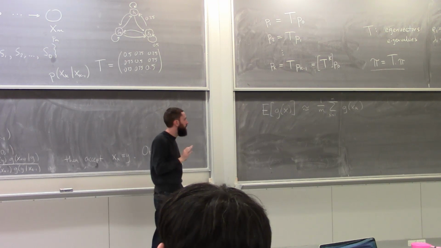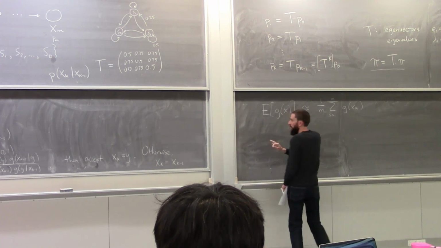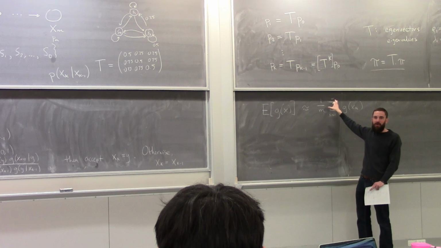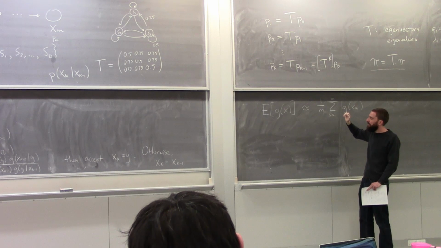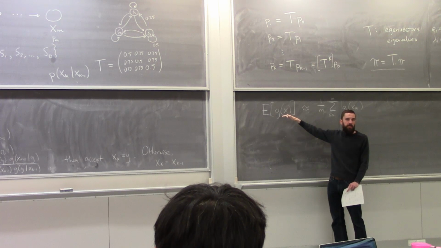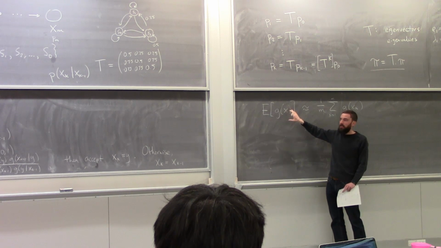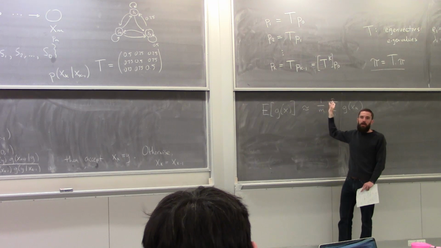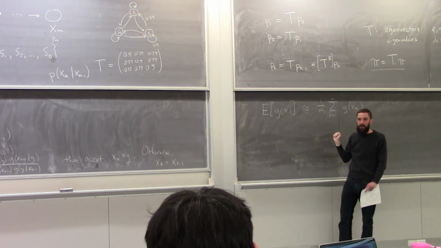So now we need to revisit our whole goal here of Monte Carlo, which is to get these expectations. And it turns out that there is a generalized version of the strong law of large numbers. If you remember, the strong law of large numbers says this converges almost surely, meaning with probability 1, as m goes to infinity.